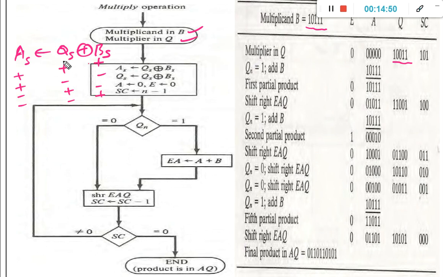It is determined based on the exclusive OR operation. For 0 0 and 1 1, you get the value 0. For 0 1 and 1 0, you get the value 1. Like this we assign the sign bit for the product to AS.